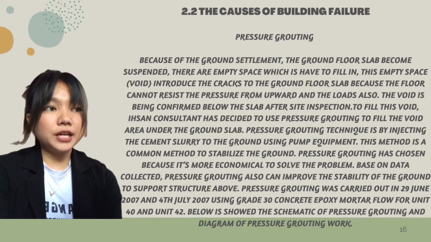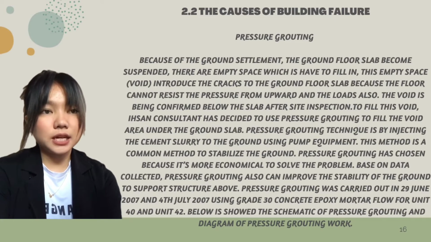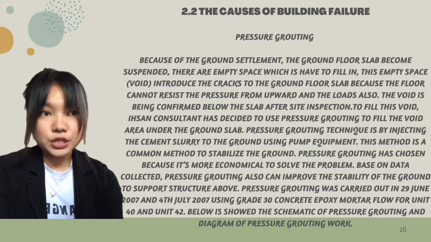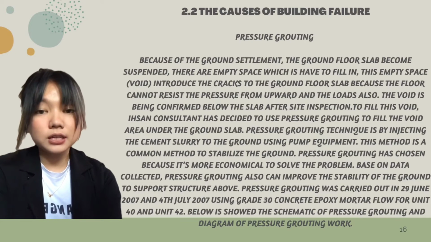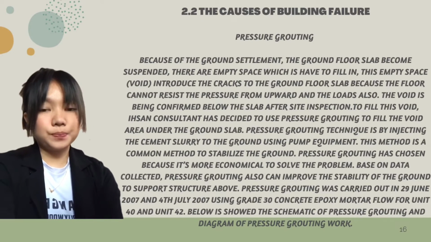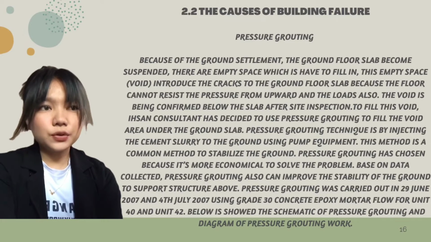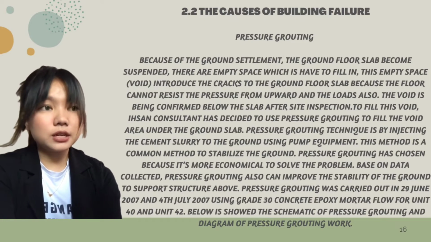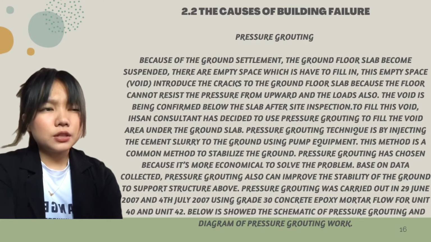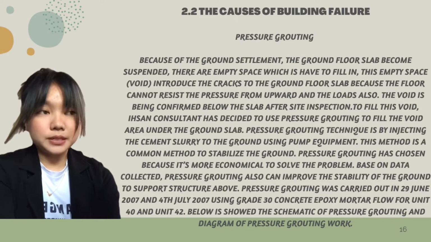To fill this void, a consultant has decided to use pressure grouting to fill the void area under the ground slab. The pressure grouting technique is by injecting cement slurry into the ground using pump equipment.